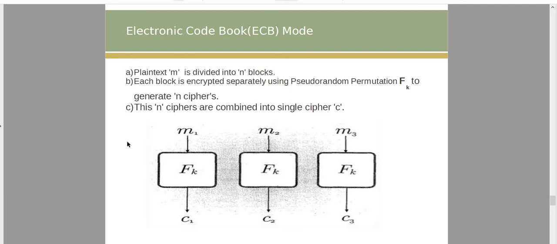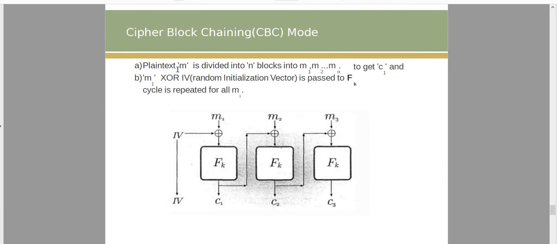Now the second mode, cipher block chaining, where we have converted the plaintext into blocks M1, M2, M3, and we have a random initialization vector which we have to XOR with each M to get the ciphertext. The initial vector is XORed with M1, and we do an encryption and we get the cipher.